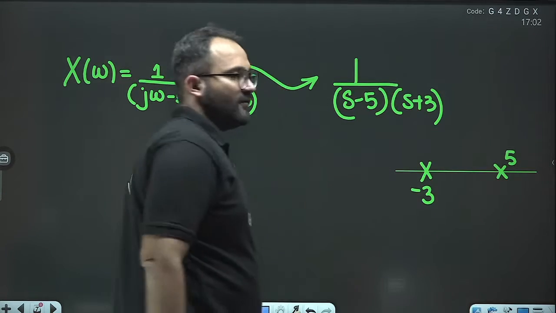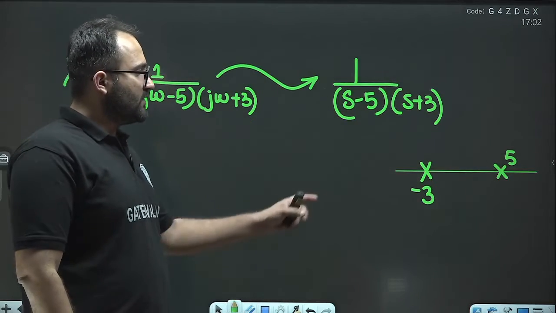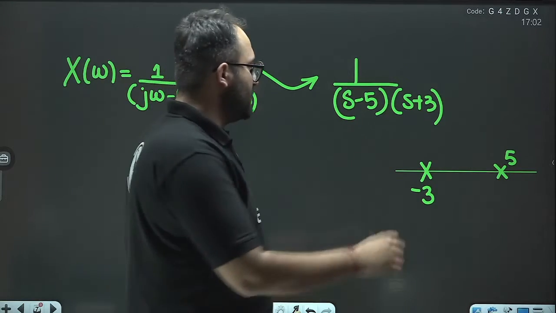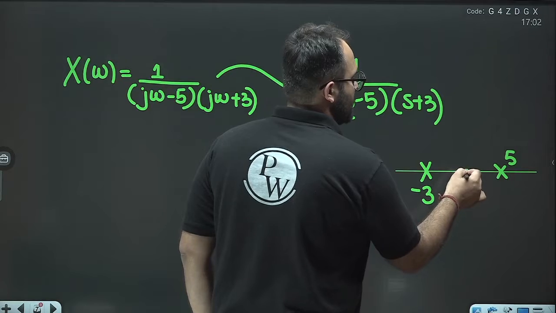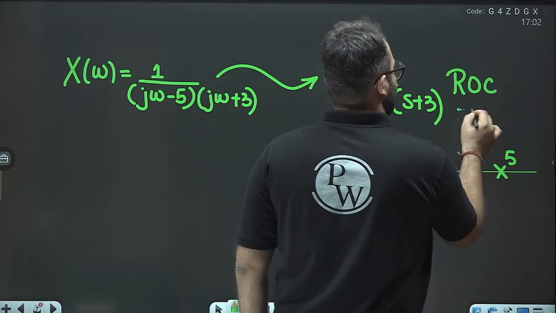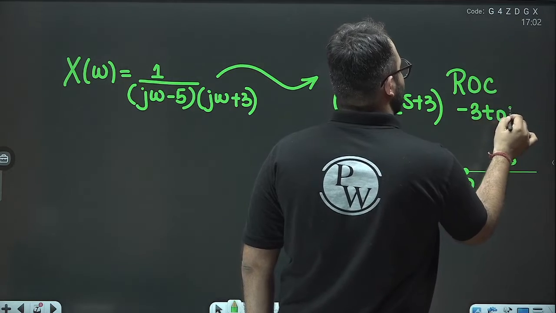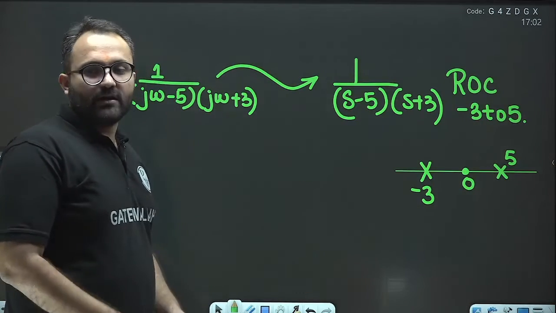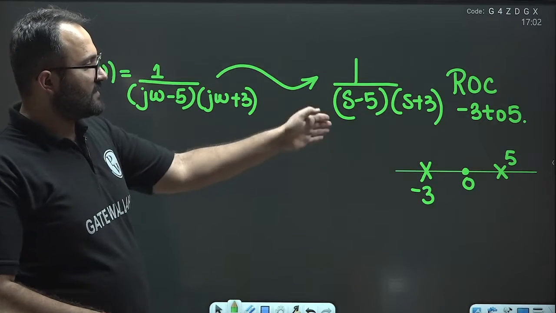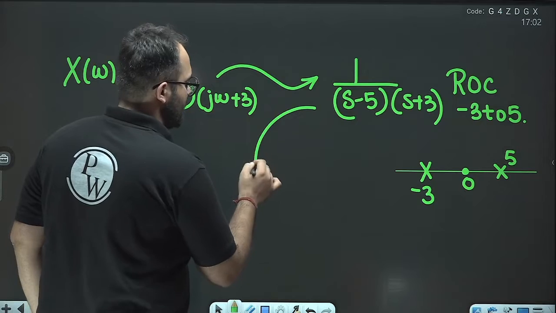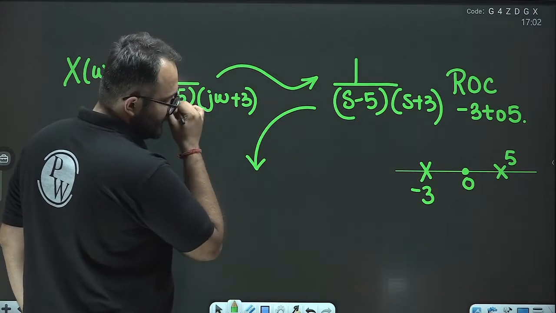So the ROC is between minus 3 and 5, because we need to include the j omega axis or sigma equal to 0. We'll keep minus 3 as right sided and 5 as left sided. Now we can take the partial fraction and we'll get the result.